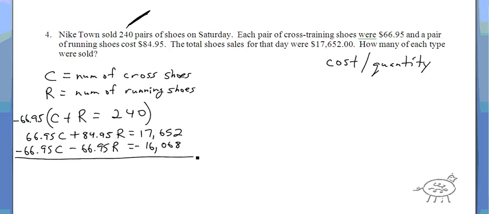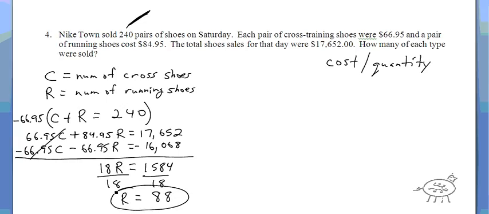If it's not a whole number, then we got a problem. So of course the C's cancel out, and this actually turns out to be a nice number here. It's 18R is equal to 1584 divided by 18. R equals 88. Okay, that's our first number there.